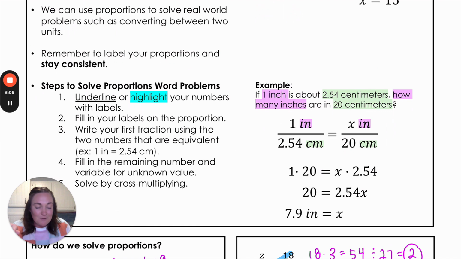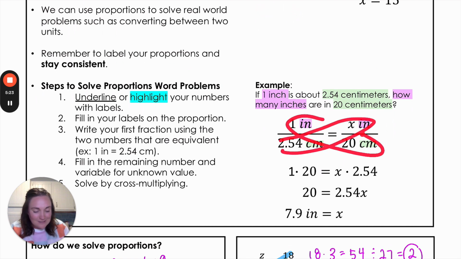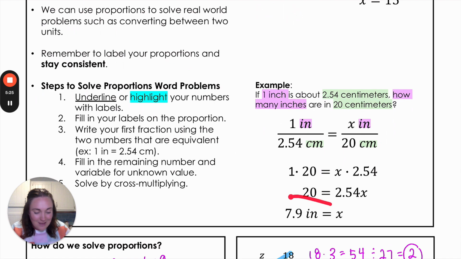My last number I have then is that 20 centimeters. So I have to figure out, do I put it on top with the inches or on bottom with the centimeters? Obviously you can see from this example, we put it on bottom with centimeters, which means that the how many inches, that x goes on top. From there, we just cross multiplied, just like we practiced previously in this video, and we got 7.9 inches.